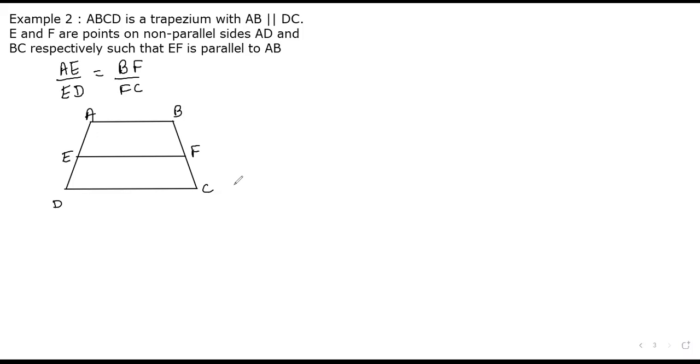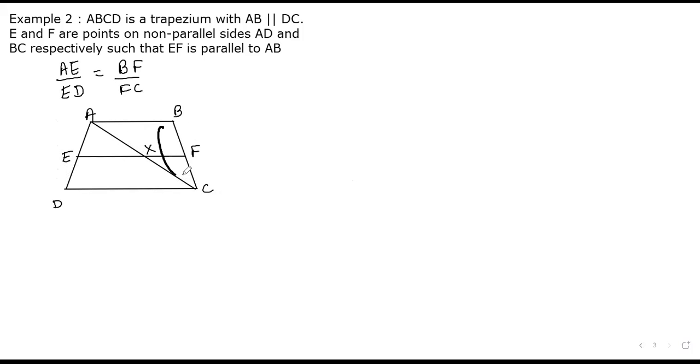Construction. Suppose we join one diagonal AC. Let me take this point as X. Can you see there can be a BPT in this triangle? Can we apply BPT in this triangle? Yes, sir. What do we get? AE upon ED is equal to AX upon XC.